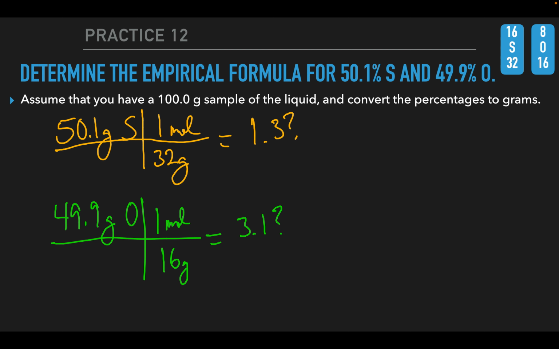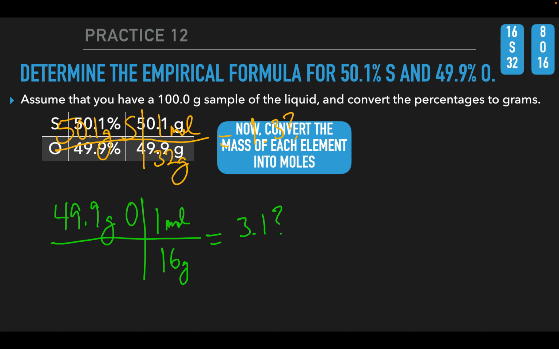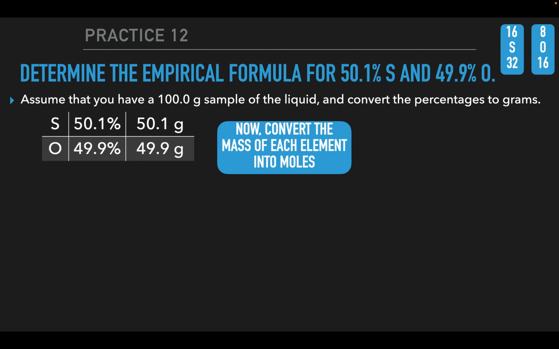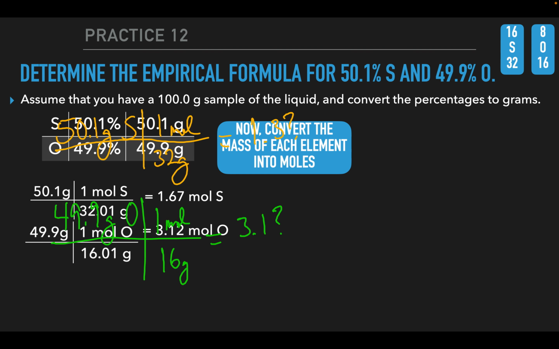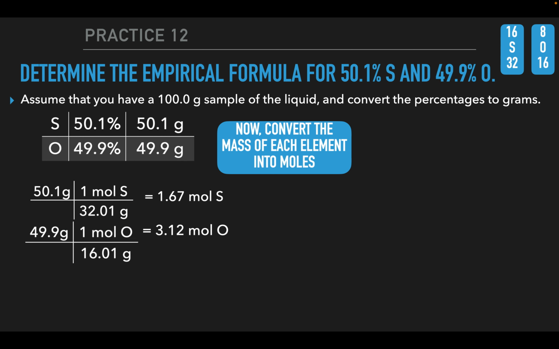Let's see how close I am. I said 1.3, so I was low there, but 3.1, I'm really close on. Anyway, 1.67 moles for sulfur, 3.12 moles of oxygen.